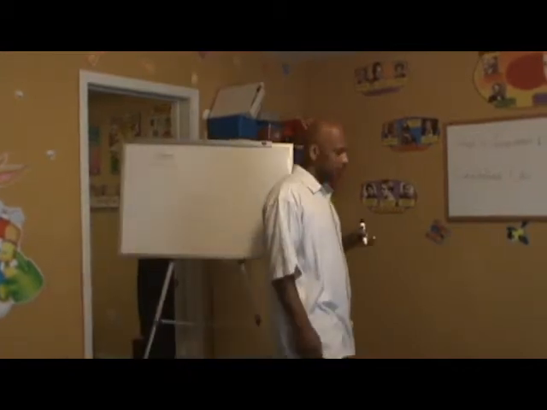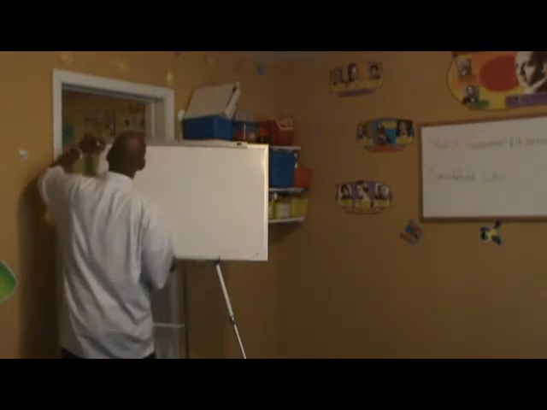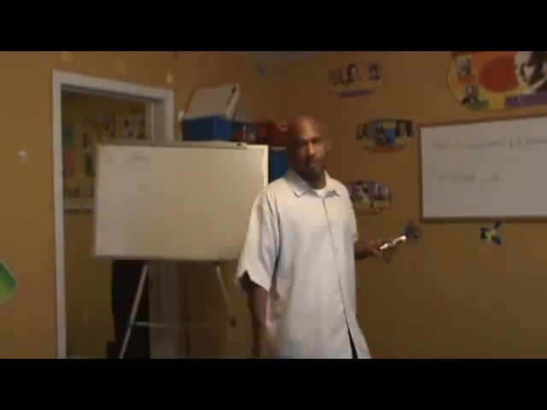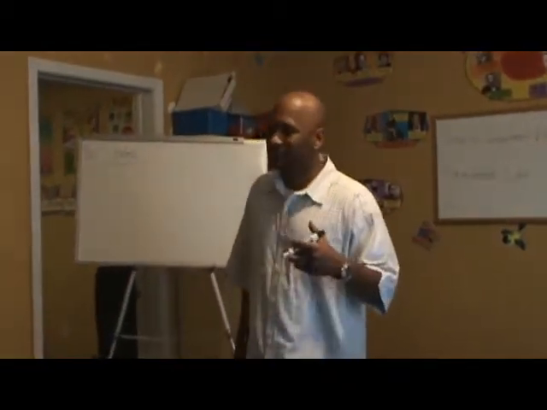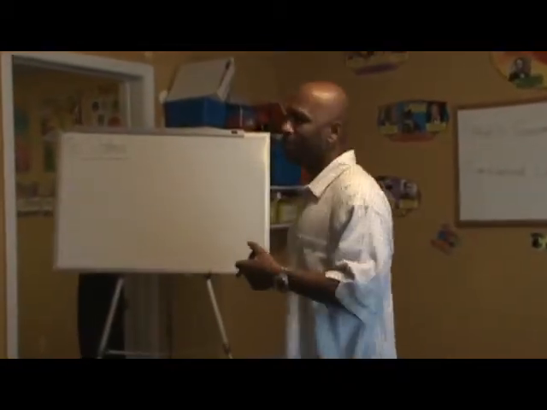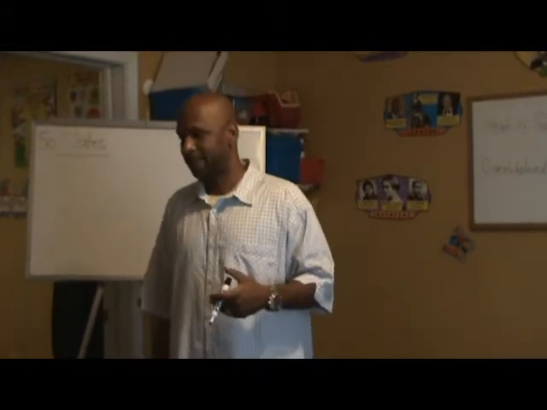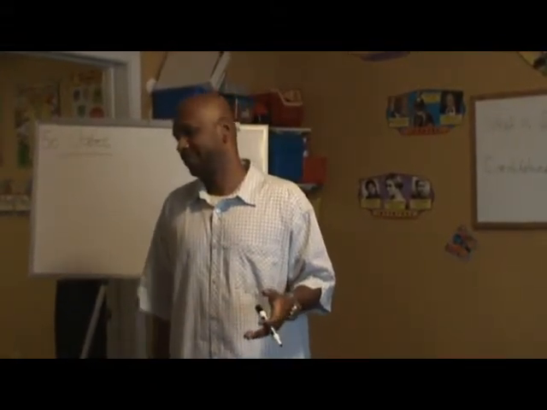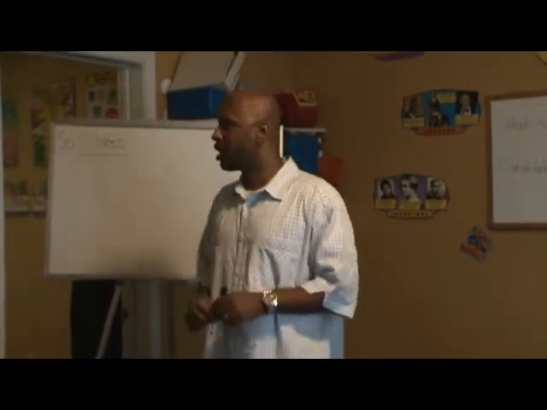So you have the 50 states. Each of the 50 states is its own sovereign government, its own sovereign country. But what they decided is to create a union of sovereign governments.